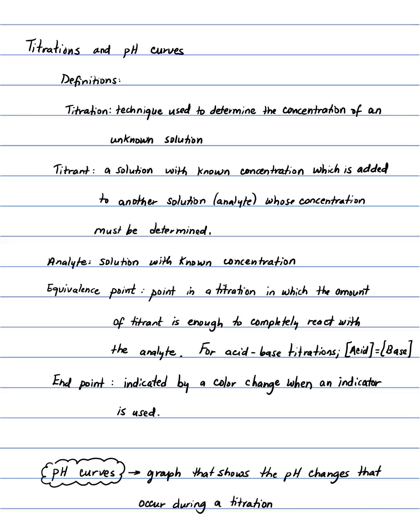So if your analyte is an acid, and you're adding a base to your acidic solution, your initial pH corresponds to the pH of an acidic solution, in the range of 0 to 3. Now you start adding a base and that pH starts increasing. Your pH curve is just showing you how the pH changes as the titrant is added to your initial solution.